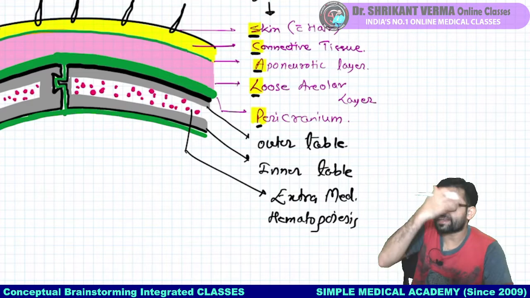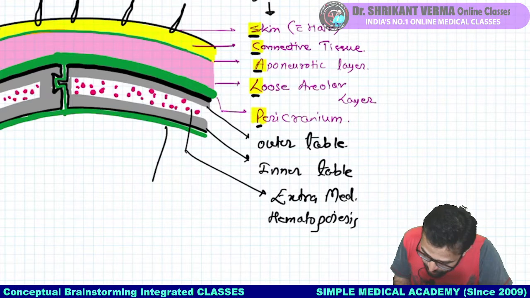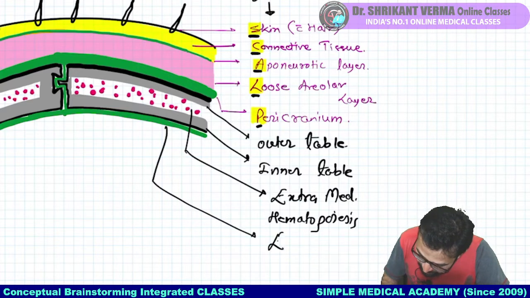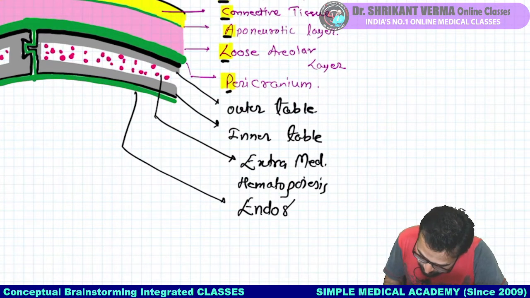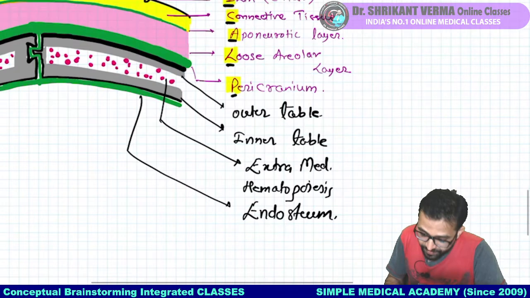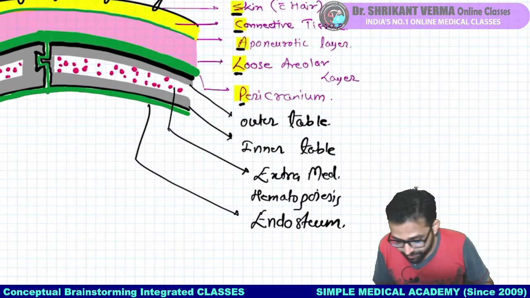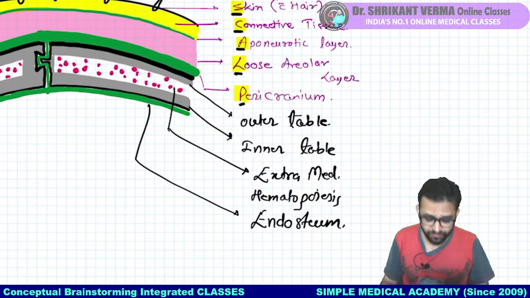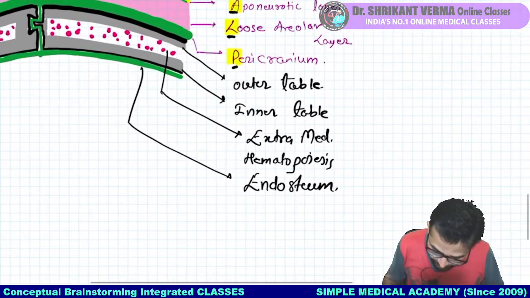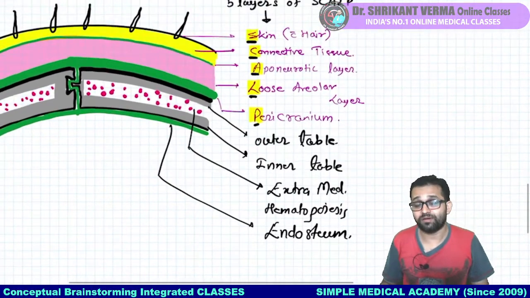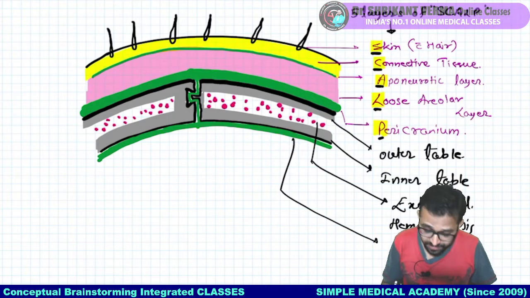Physiology, the cranial bone is the classical example of a flat bone, and also the innermost layer is our, yes, endosteum. Okay, getting the point? So there is a pericranium, what is the periosteum? We will see all these points one by one, layer by layer. Okay, fine. So this is our endosteum or endosteal layer of the dura mater. We will see. Fine. So this is the easy presentation, but a little more detail.